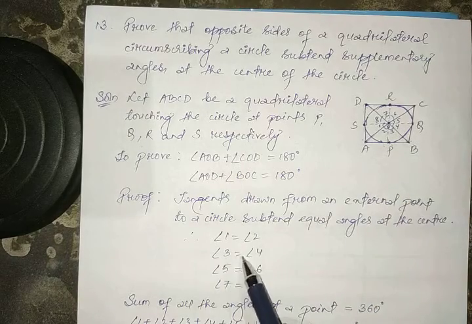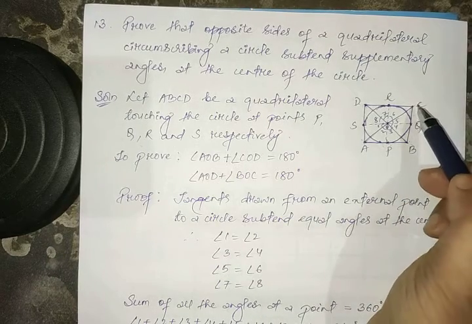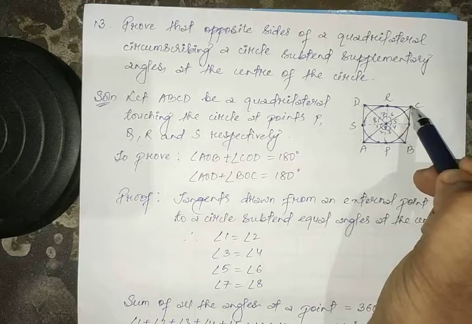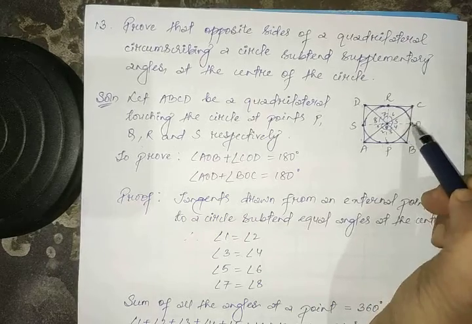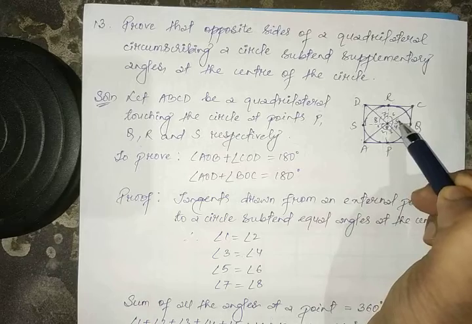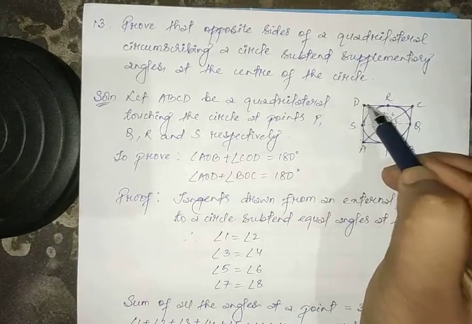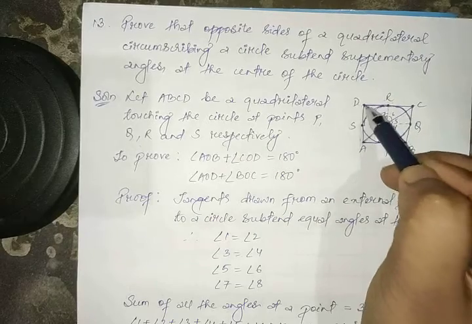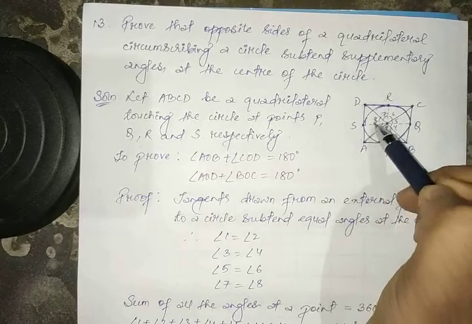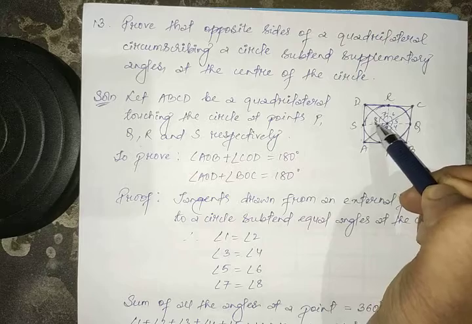Then for the external point C, the two tangents CQ and CR, angle 5 will be equal to angle 6. And for the external point D, the two tangents DR and DS are equal, so angle 7 will be equal to angle 8.